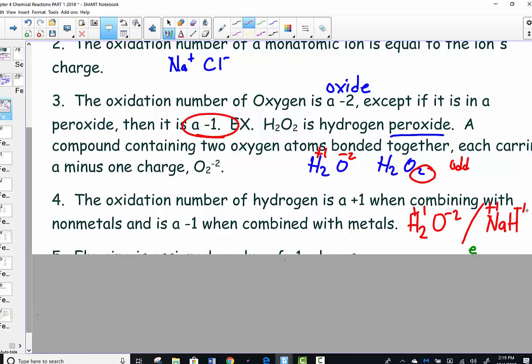When it hooks to a metal, you'll see it written in the negative position. Some periodic tables place hydrogen not only on top of lithium, but you'll also see it on top of fluorine, because it can do either one. It can accept or lose an electron.